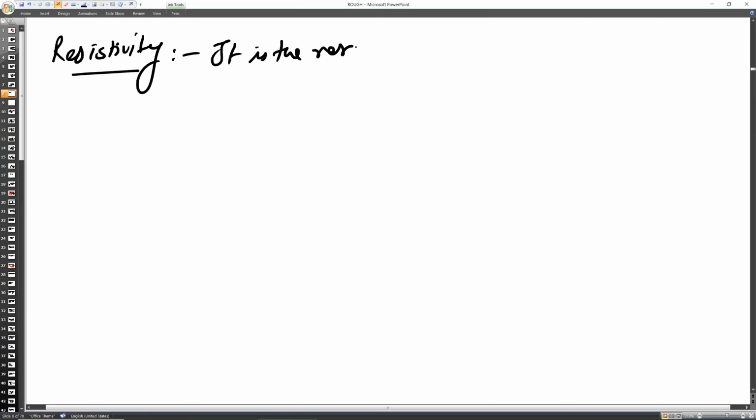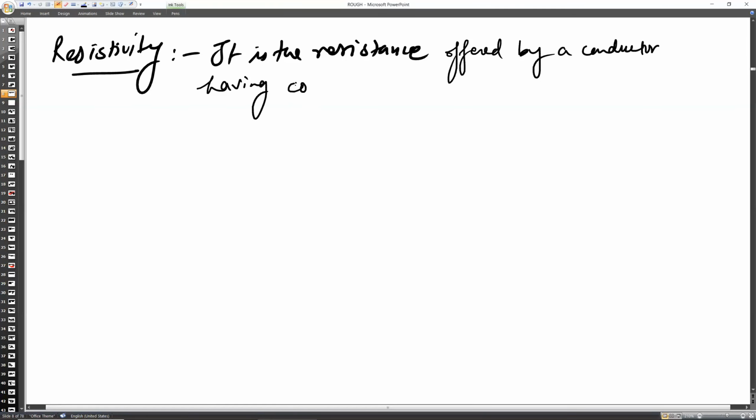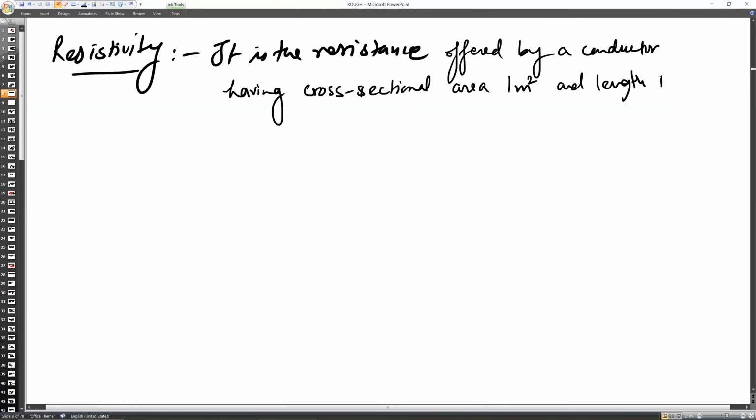It is the resistance offered by a conductor when it has a cross-sectional area of 1 meter square and a length of 1 meter.